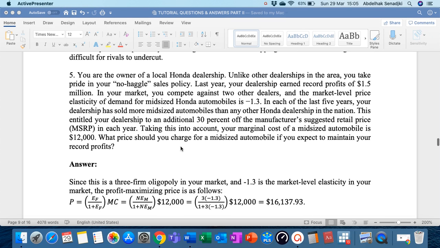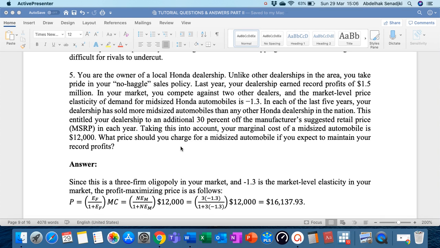And number 5, you are the owner of a local Honda dealership. Unlike other dealerships in the area, you take pride in your no-haggle sales policy. Last year, your dealership earned a record profit of 1.5 million. In your market, you compete against another two dealers, and the market level price elasticity of demand for the mid-size Honda automobile is minus 1.3.